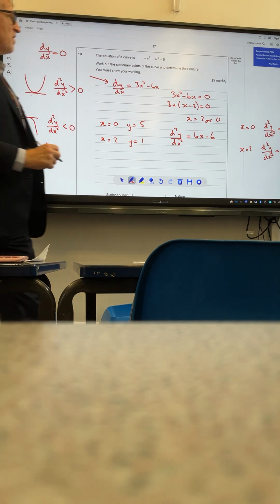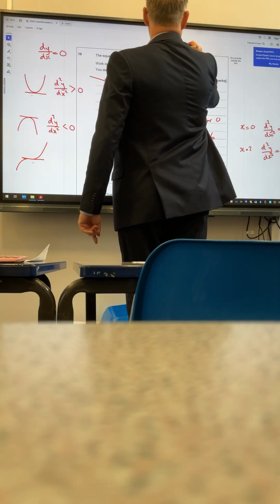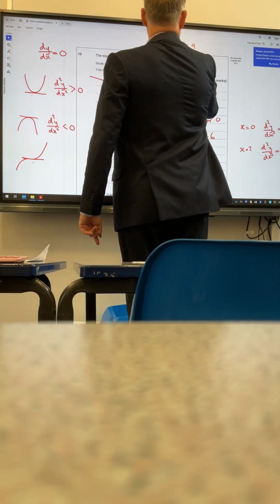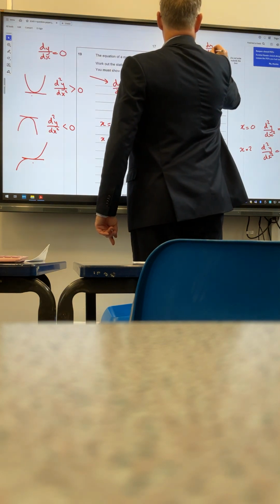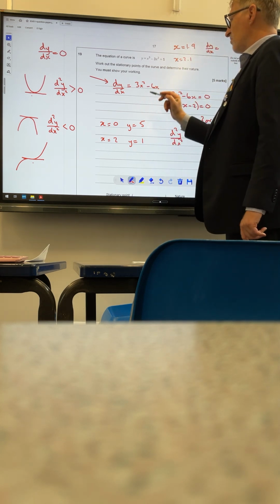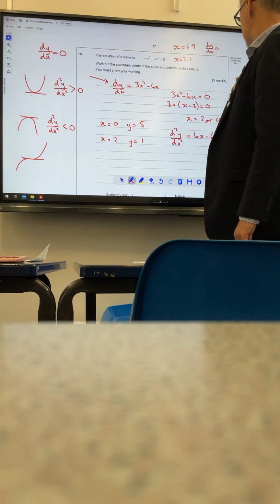Now the reason why you would do that, can I do it with one of the points we've got here? So let's take the x equals 2. So if I put x equals 1.9 in, and I put x as 2.1 in, if I work out what dy by dx is when I put 1.9 in, can I just tell you what I would get?